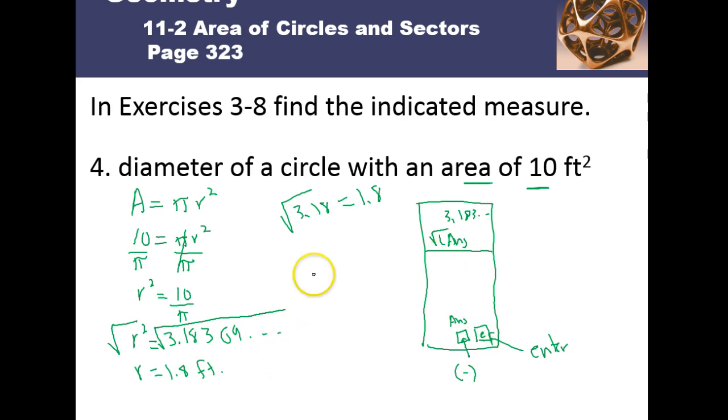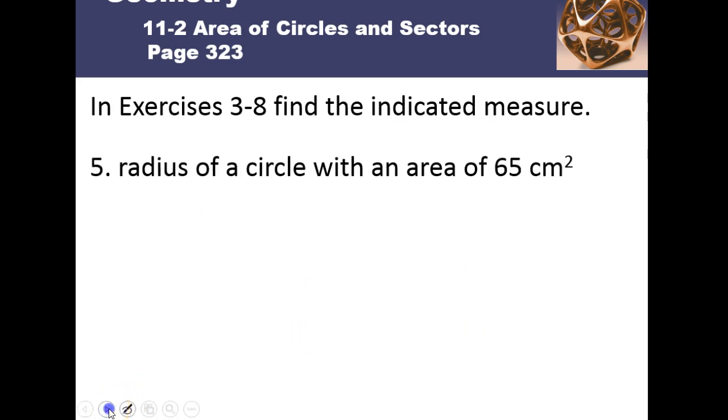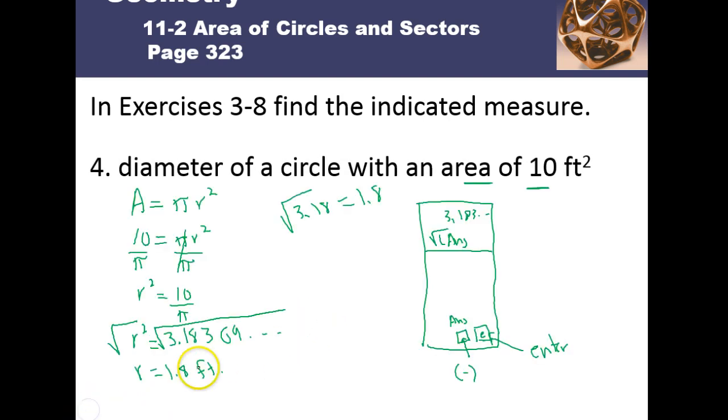You get the 1.8. Okay, so number 5, this time you have to, oh wait, I've got to go back, we were wrong. 1.8 is a radius, and it was asking me to find the diameter, right?